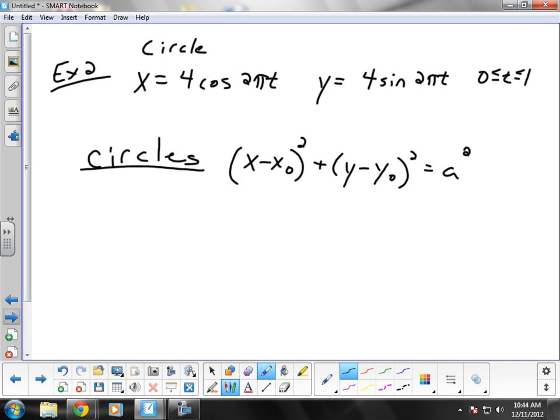Then I can always write this as a parametric equation. It's always x is equal to x sub 0 plus a times the cosine of b times t.